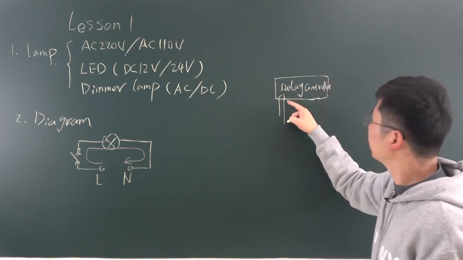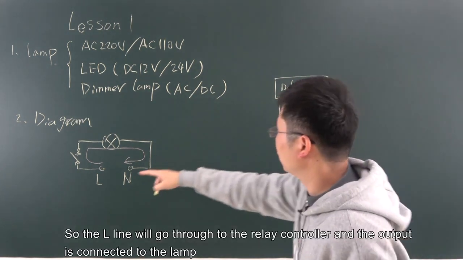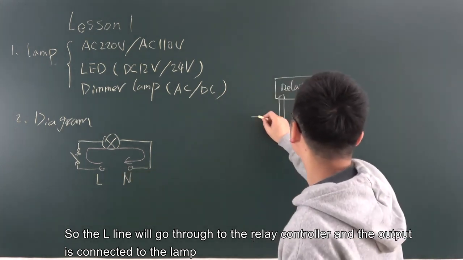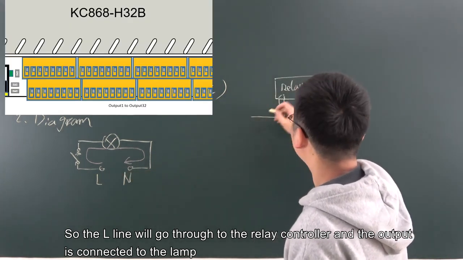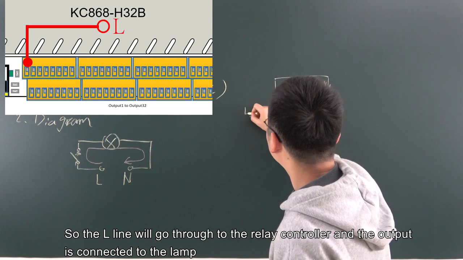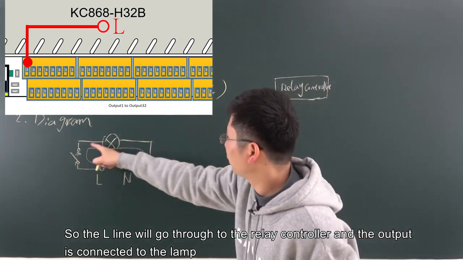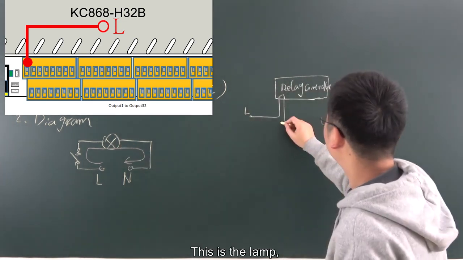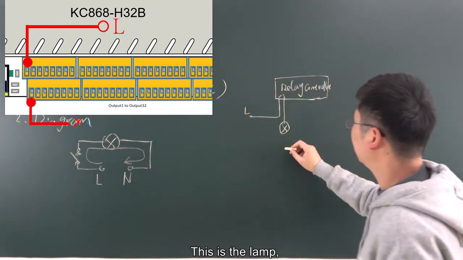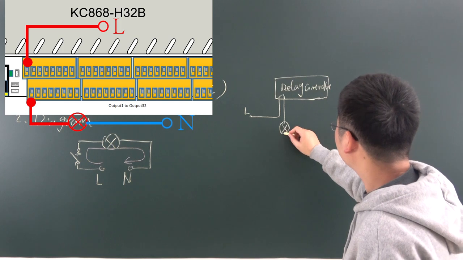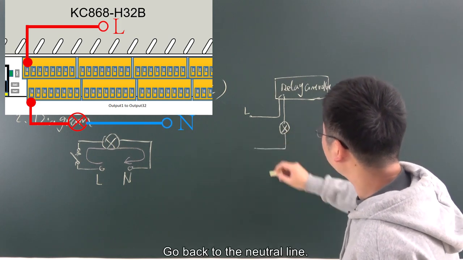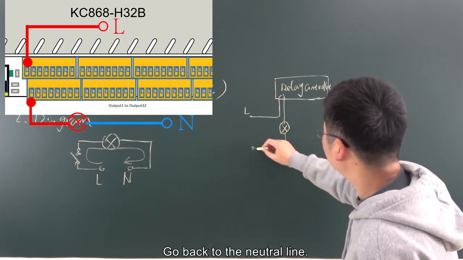The live line will go through to the relay controller, and the output goes to the lamp, and then back to the neutral line.